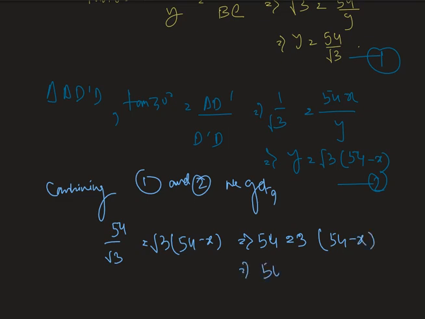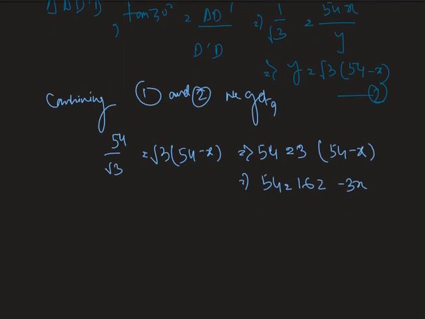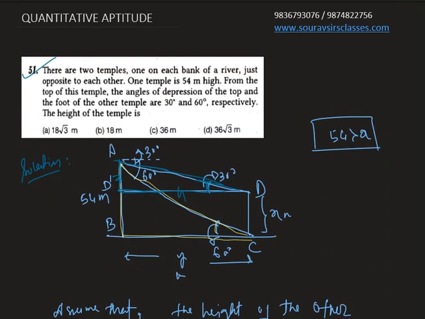Hence we get 54 is equal to 162 minus 3x, and now we get 3x is equal to 162 minus 54. Therefore x is equal to 108 divided by 3, which is equal to 36 meter. Therefore x is 36 meter. Hence option C is the correct answer.